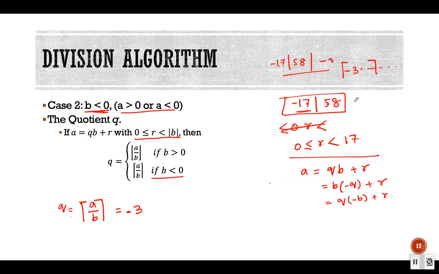So for this result, with minus 17 divides 58, we can represent 58 equals minus 17 times minus 3 plus r.